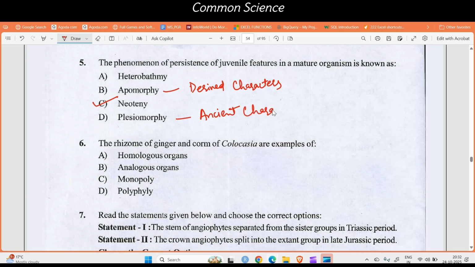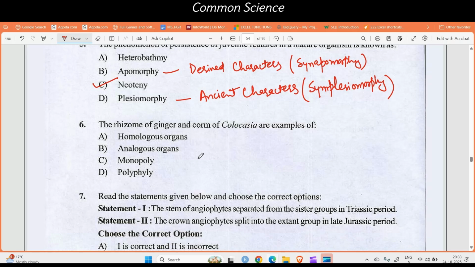When the derived characters are shared between two taxa, we call that synapomorphy. And in case of plesiomorphy, when the ancient characters are shared by different taxa or two taxa, it is called symplesiomorphy. Okay, I think it's symplesiomorphy. Kindly check it.